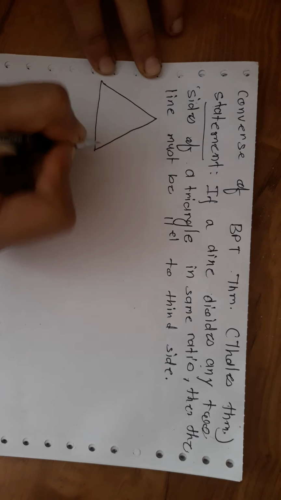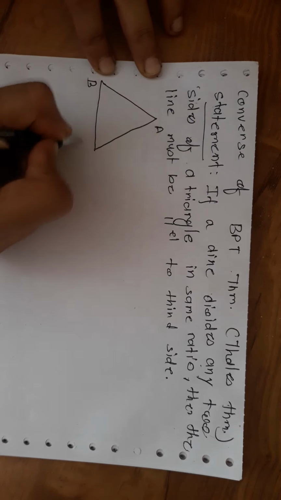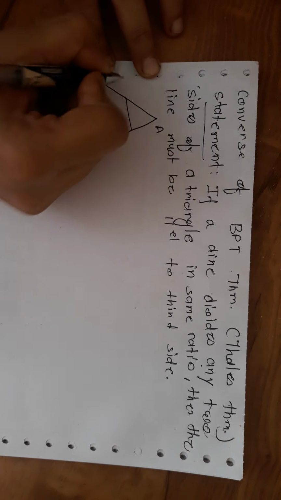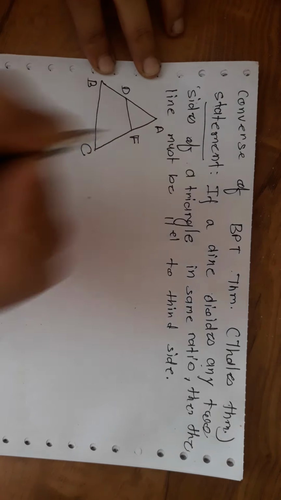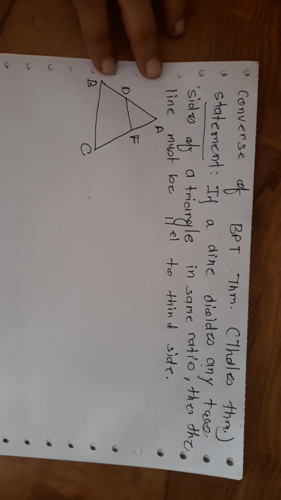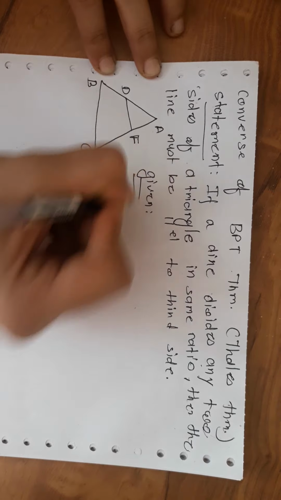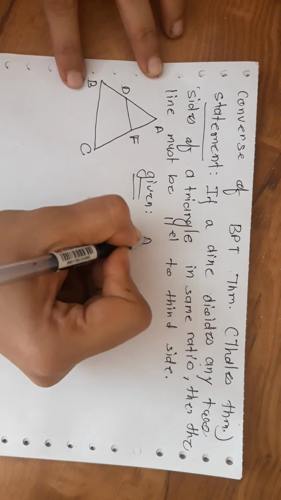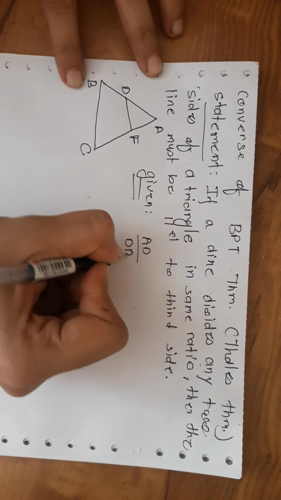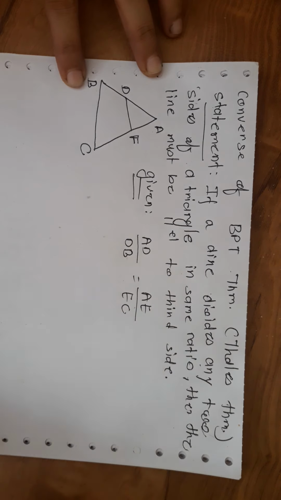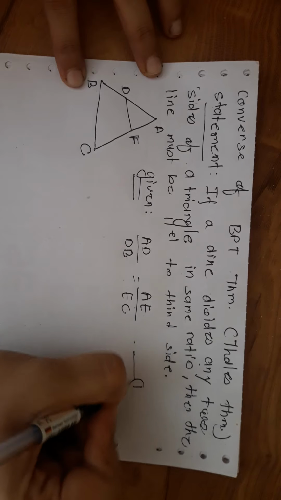So from the figure we prove this theorem. Triangle ABC, and let's say DF is another line other than DE. First write down what is given: AD upon DB is equal to AE upon EC, equation 1.